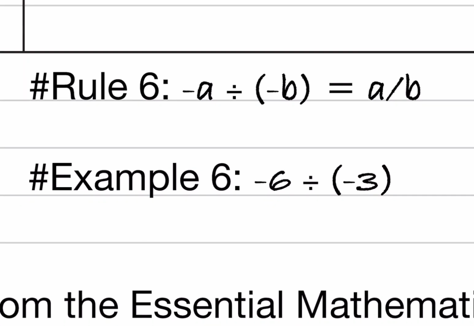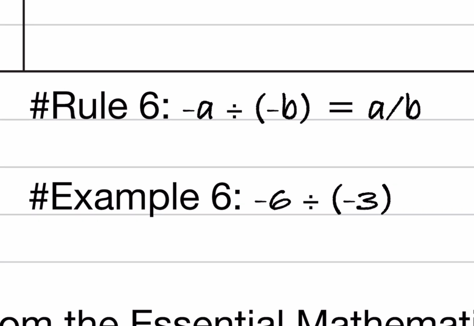And now, rule number 6. Again, we're using this division rule. A divided by B, we write that first. And then when we look at the sign, minus and minus multiply, we get a plus.